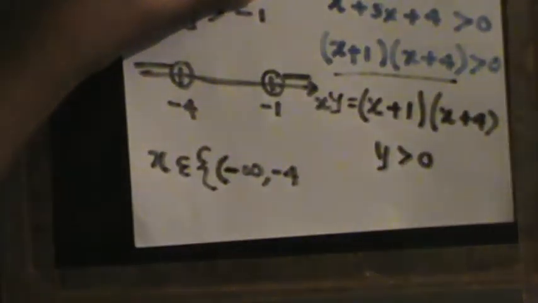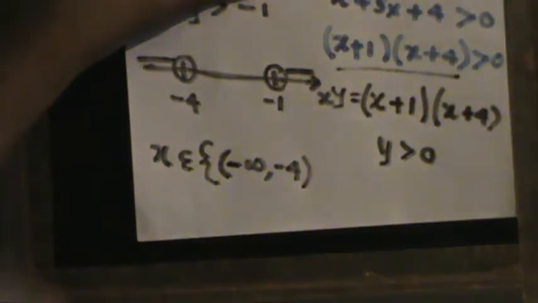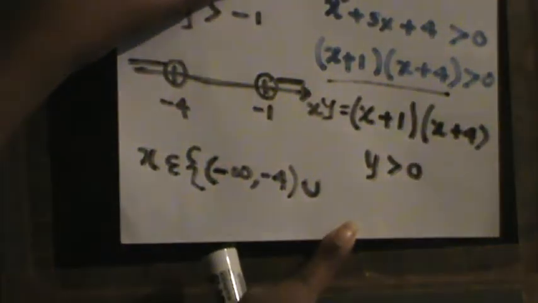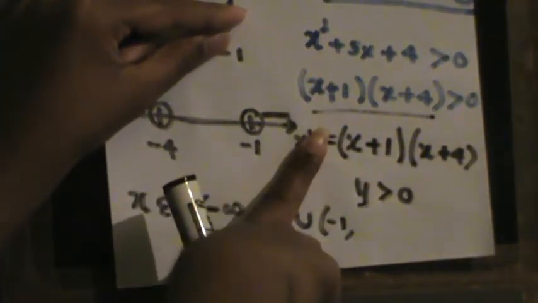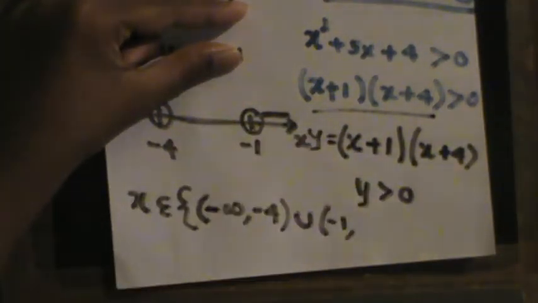And since this is not equal to minus 4, you have another curved bracket. Union shows that another part belongs to this one, and since this is not equal to minus 1, the left limit will be minus 1 with a curved bracket, and the right hand side limit is positive infinity, and you cannot equate it to positive infinity, so it will be another curved bracket.